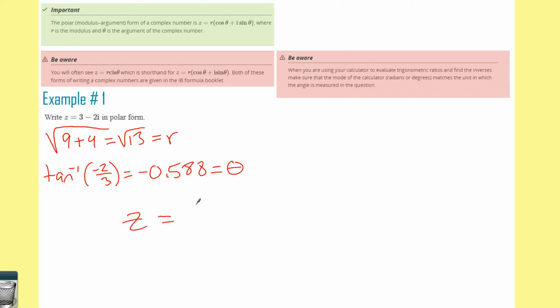So the z here is going to be the square root of 13 cis our angle, negative 0.588. There you go. Now you can write it as square root of 13 cosine negative 0.588 plus i sine negative 0.588, but that's just longer. Okay, go for it if you want.